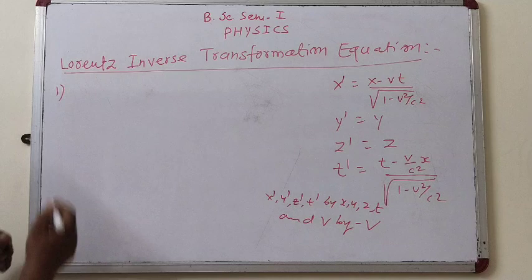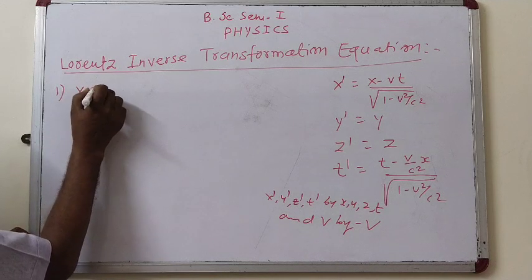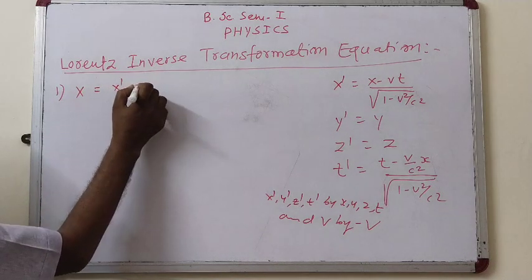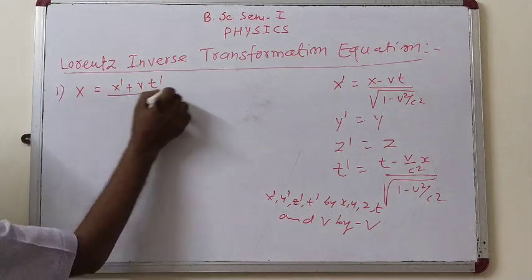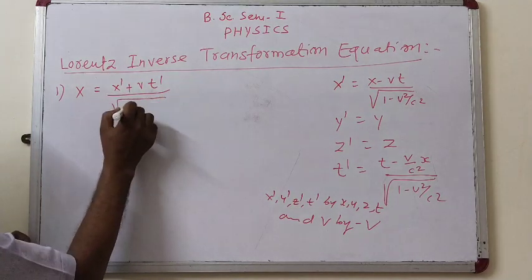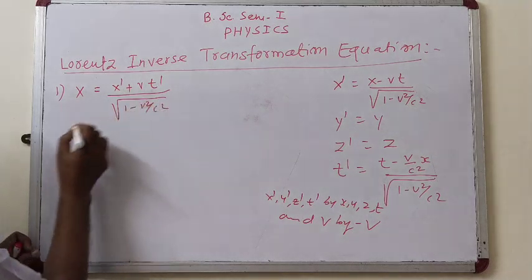We get x equal to (x' plus v t') by root of 1 minus v square by c square.